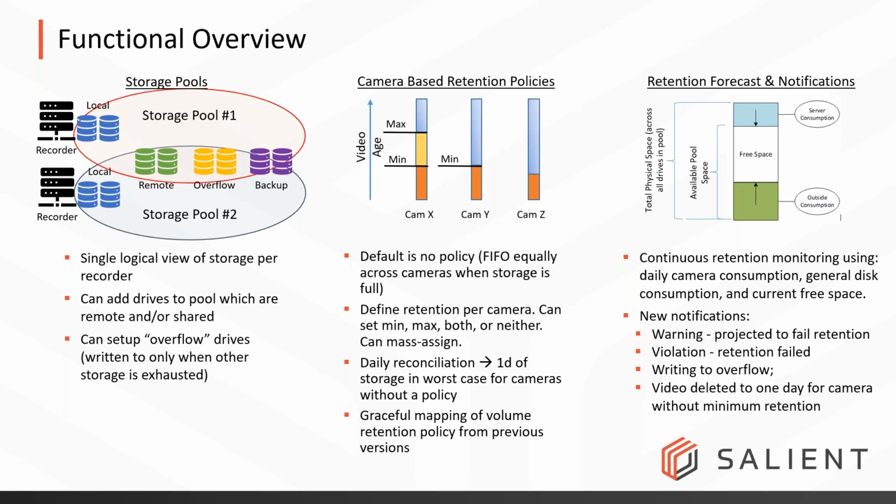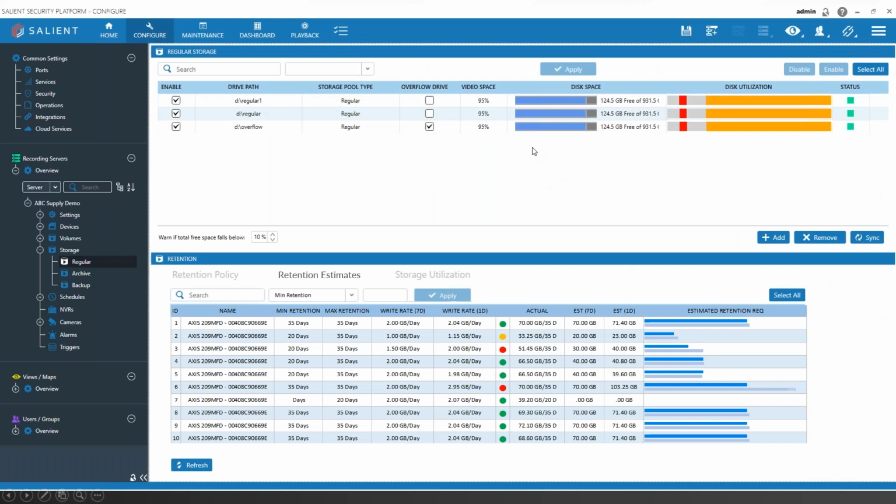And while we're not going to do a demonstration today, what I thought would be helpful is to give you a quick insight into how some of this looks in the product. So this is an actual screenshot from the CompleteView version 7.0 product. And you'll notice down at the bottom the retention estimates. So we're looking at a regular storage pool.